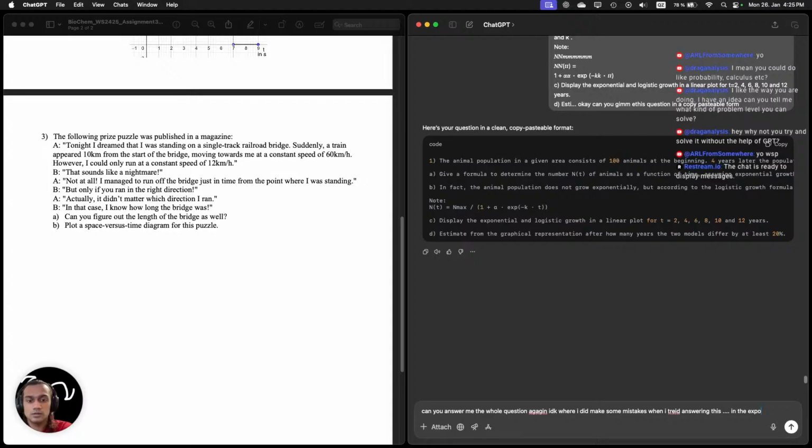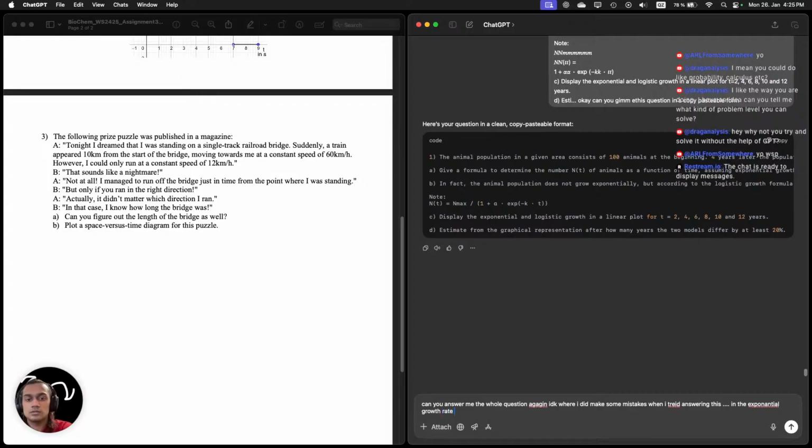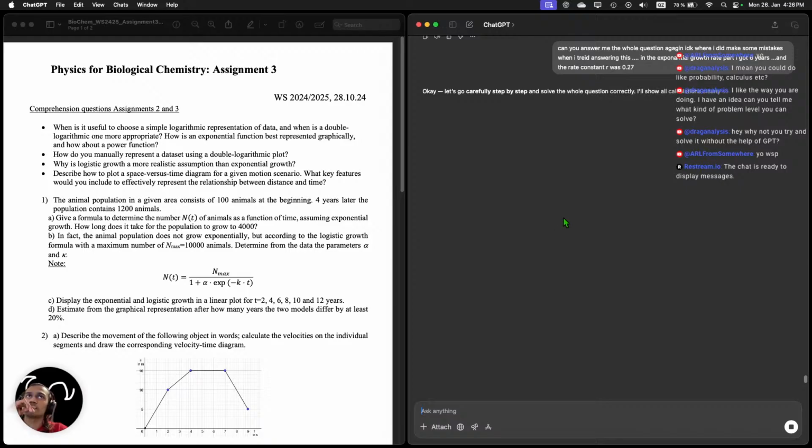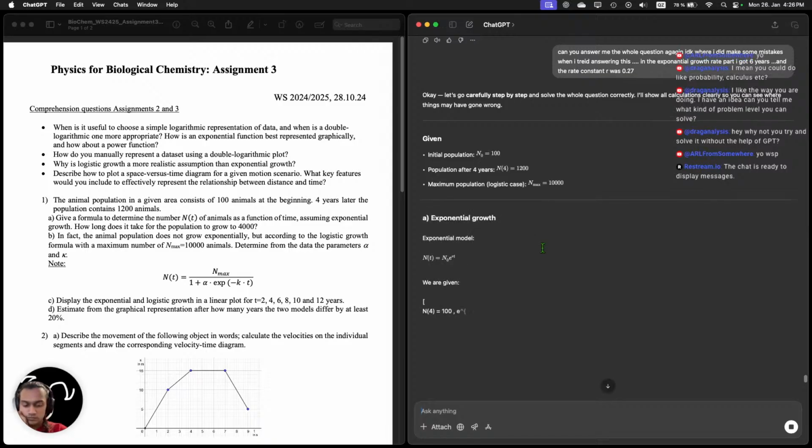Exponential. And the rate. E raised to R4.